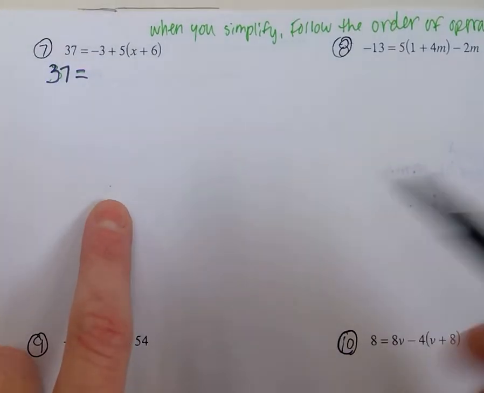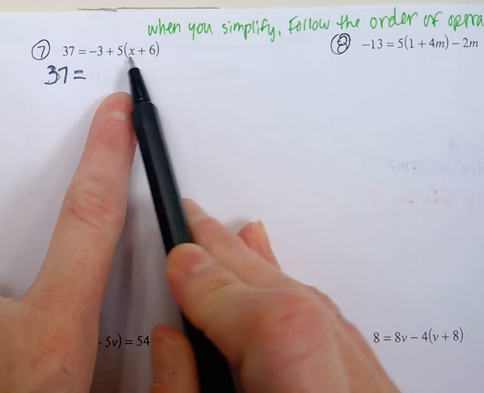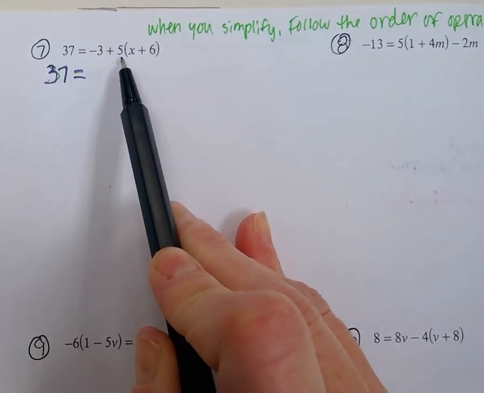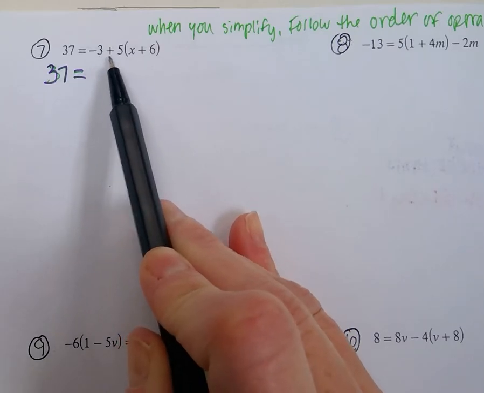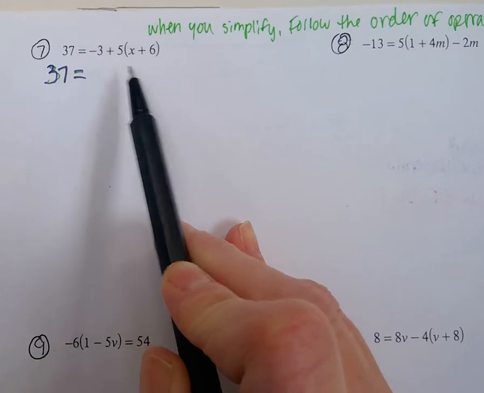So when I look on the right-hand side, I can't do anything in the parentheses because I have an X and a 6. When I come out, I've got a 5, and I have -3 being added. If you try to add first, you're going to be wrong.